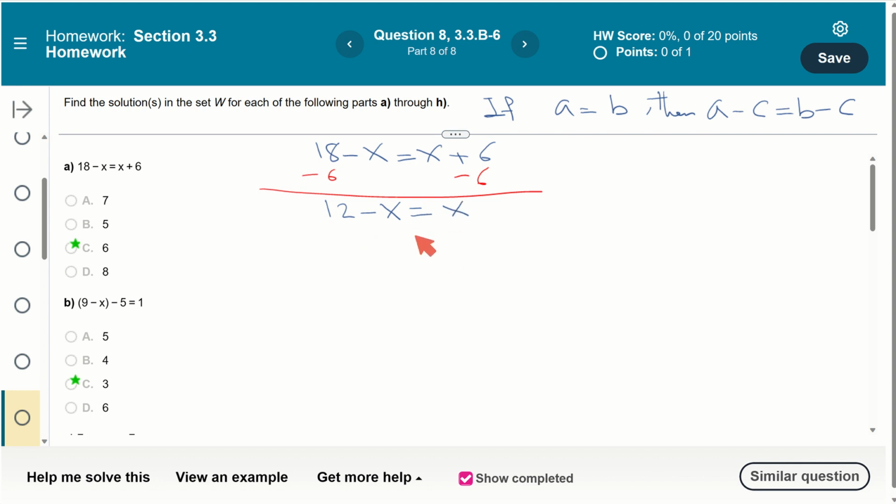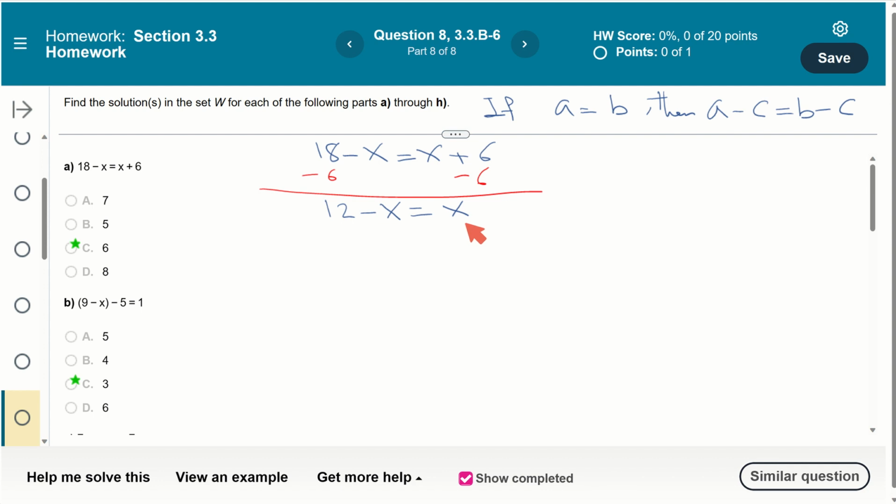So without needing to go into further rules of algebra, which we haven't quite done yet, we can just reason this out, right? What whole number do you know that 12 minus that whole number gives you that same whole number?